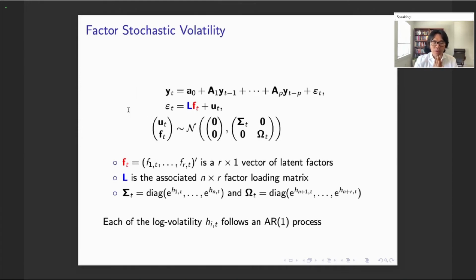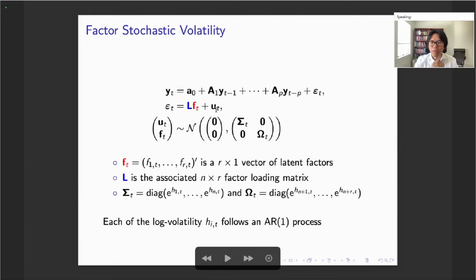The last model is called the factor stochastic volatility model. In macro, I think this is not as commonly used as the other two so far, but it also shows quite a lot of promise. Essentially, the conditional mean equation is exactly the same as before, the reduced form VAR. Here, I just decompose the residual into two parts. One is the common component. I have a factor structure there.